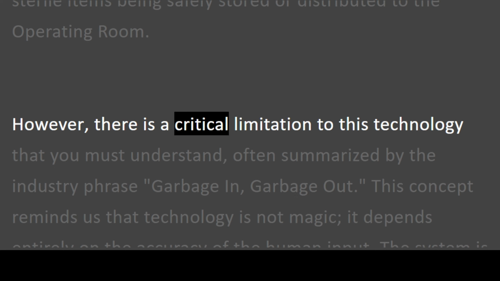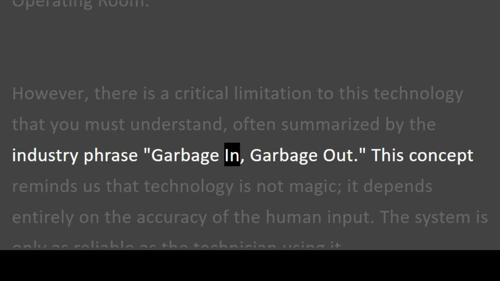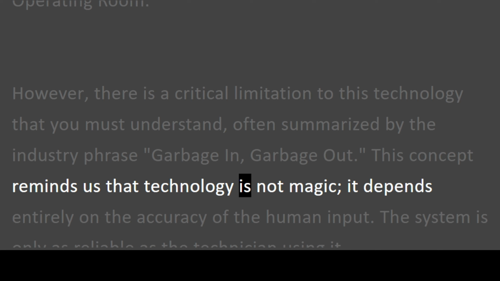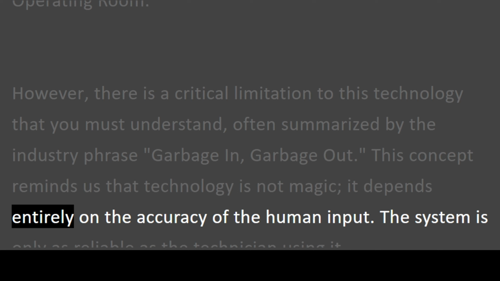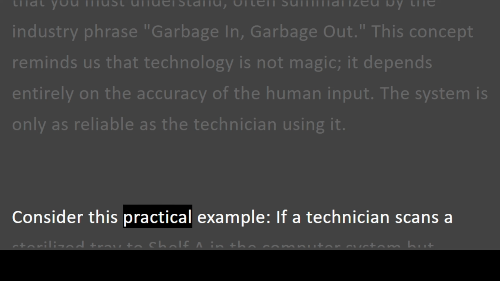However, there is a critical limitation to this technology that you must understand, often summarized by the industry phrase garbage in, garbage out. This concept reminds us that technology is not magic, it depends entirely on the accuracy of the human input. The system is only as reliable as the technician using it. Consider this practical example.